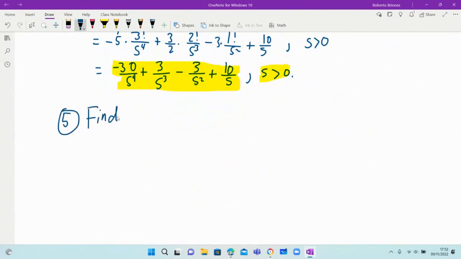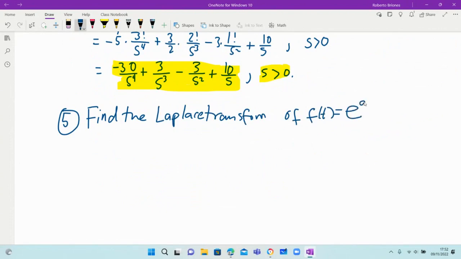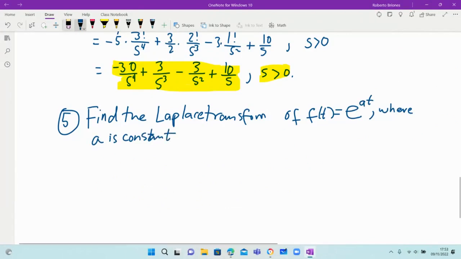So let's try to find the Laplace transform of f of t equal to e to the at, where a is a constant. Okay, let me write this out more clearly.